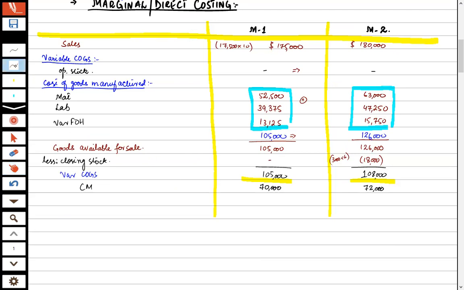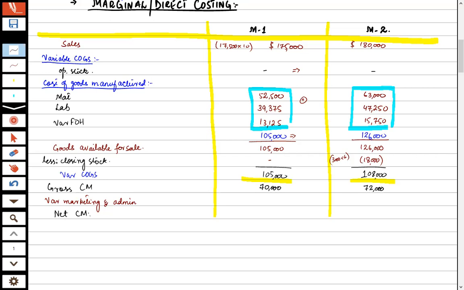Similarly, if we have some variable marketing and admin expenses, then this CM would become gross CM, and after deducting variable marketing and admin expenses, we will get net CM.